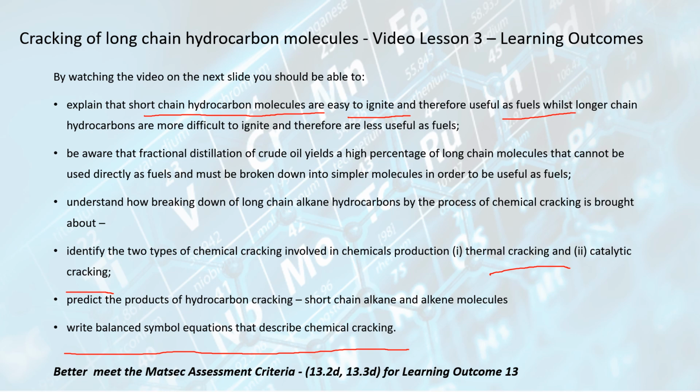Balanced is extremely important. As you will see in the video, the commentator emphasizes that whatever the chain length of the starting molecule, the starting number of carbon and hydrogen atoms has to be exactly the same after the reaction has taken place.